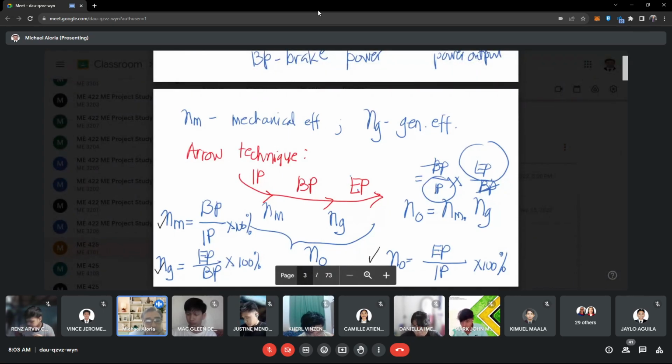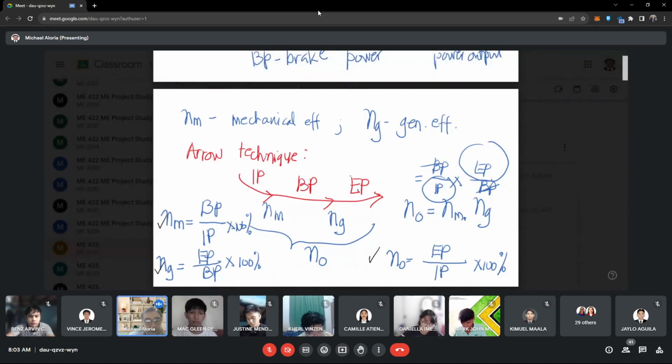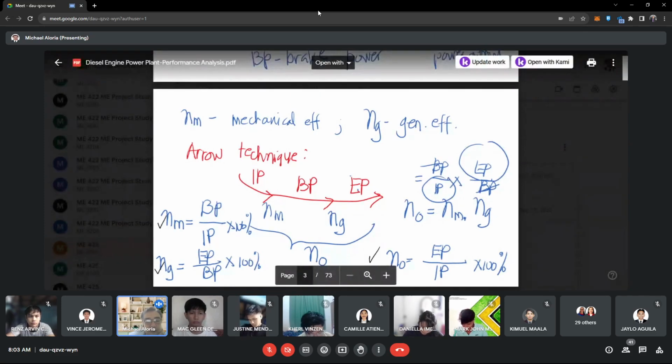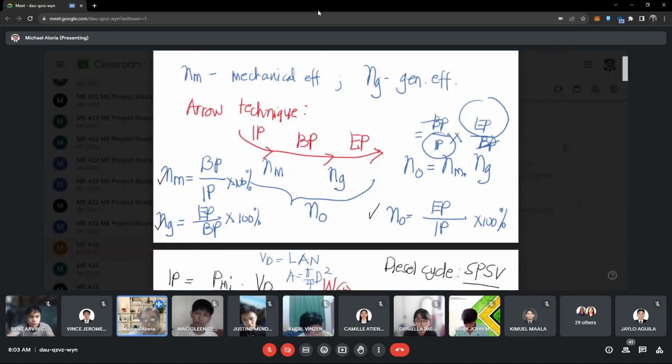We can also measure the overall efficiency. Overall efficiency is basically a function of your mechanical efficiency multiplied by your generator efficiency. If you're going to substitute, by checking, your overall efficiency is output over input. Okay? If you're going to substitute your mechanical efficiency, which is BP over IP, and then your generator efficiency, which is EP over BP, BP will cancel out and it will result in EP over IP.